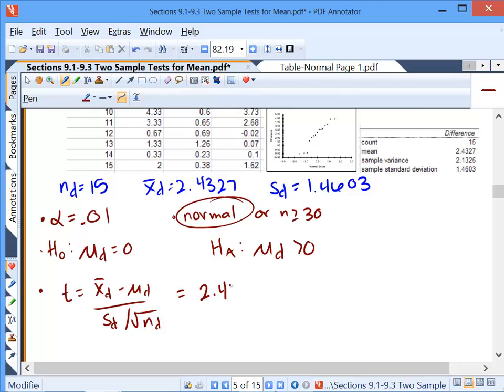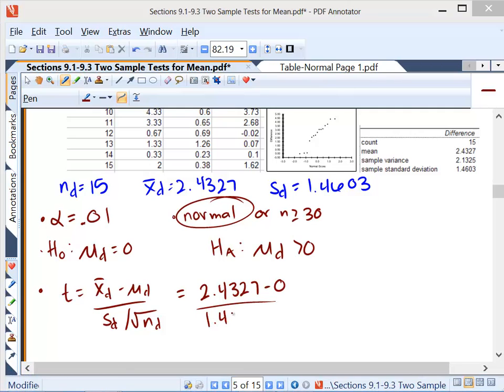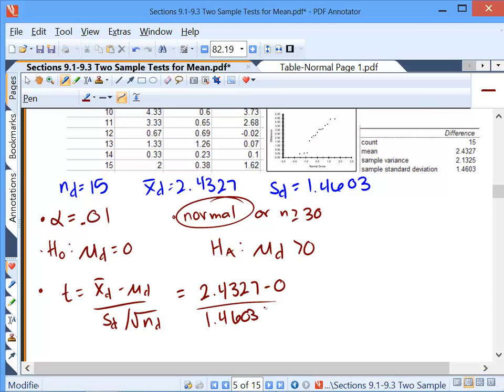So 2.4327 minus my hypothesized mean of the differences, which is 0, over 1.4603 over the square root of 15. And let's see if I can enter my calculator correctly this time. 6.4519.